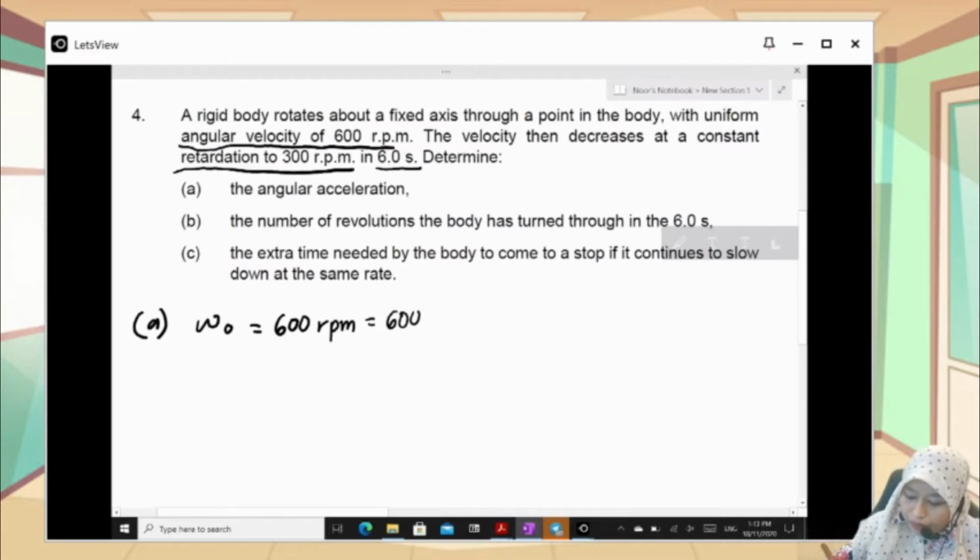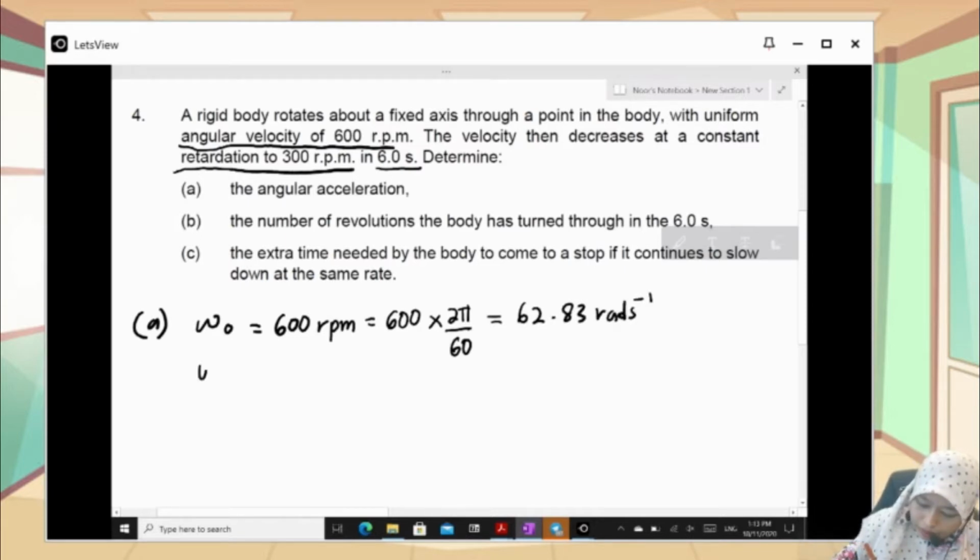So we need to change it to radian per second. Times it with 2 pi divided by 60. So we get 600 times 2 pi over 60. So it's 62.83 radian per second. And then omega is 300 rpm.